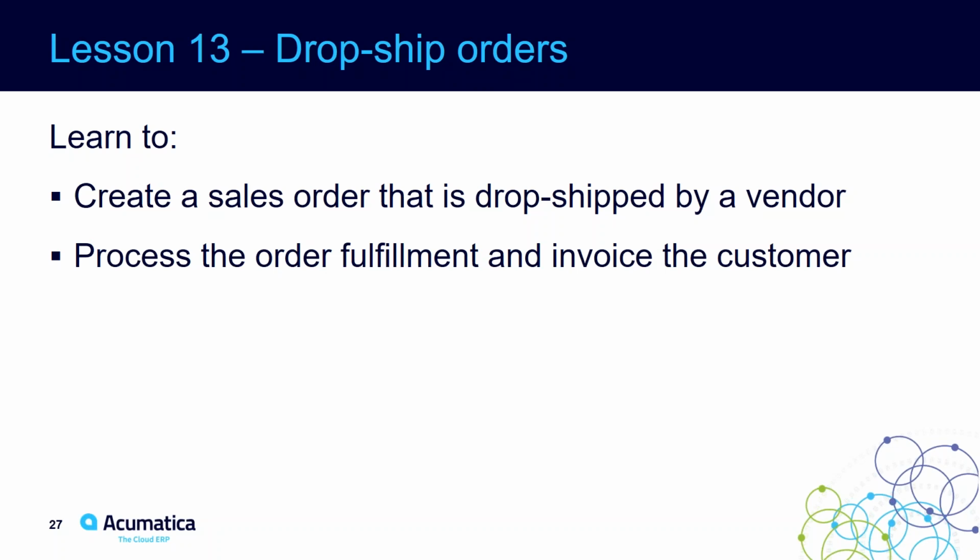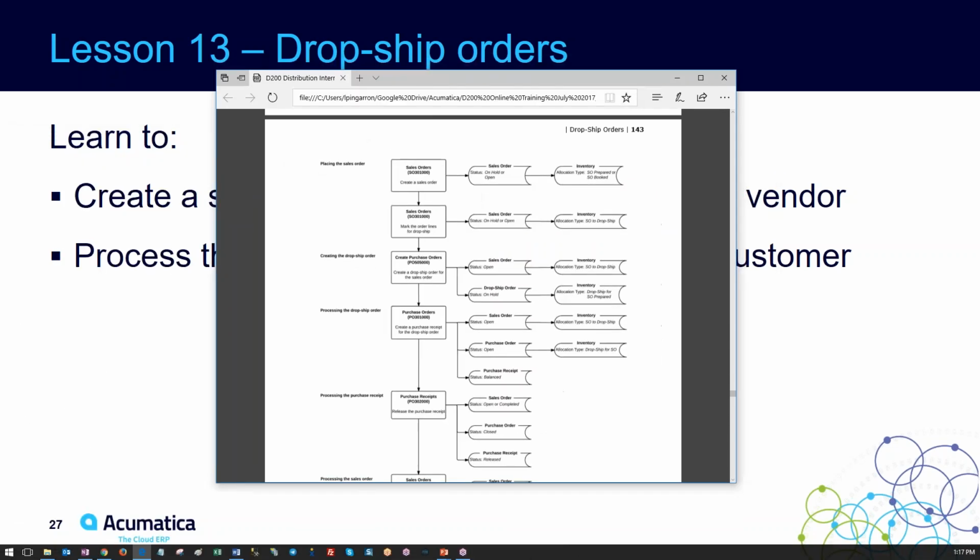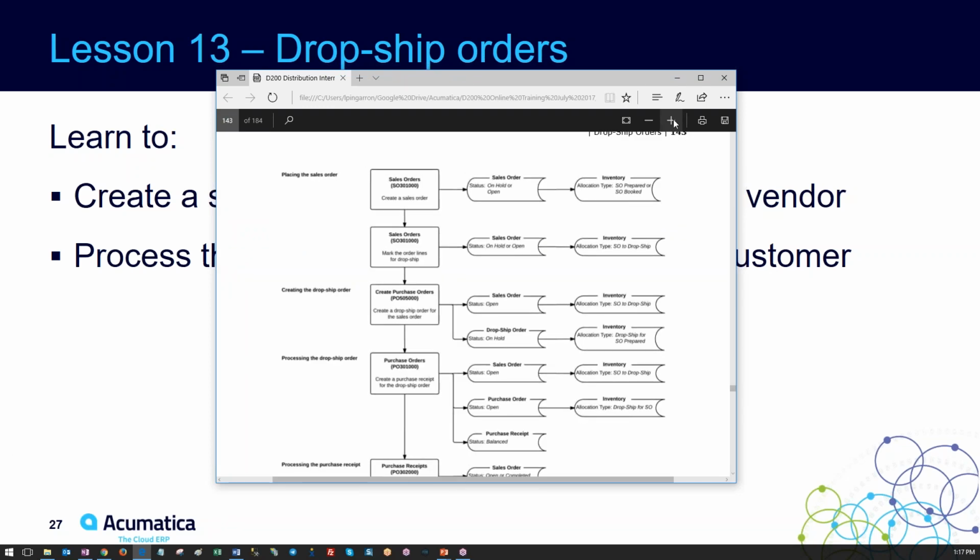Instead of creating a purchase order that will send the items directly to our warehouse, we are going to send the items from our vendor's warehouse to our customer's warehouse. I think I got ahead of that before. This is how the process is.